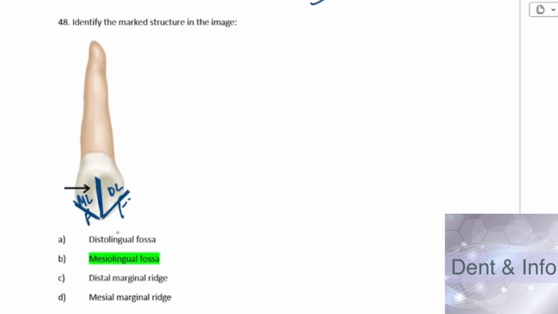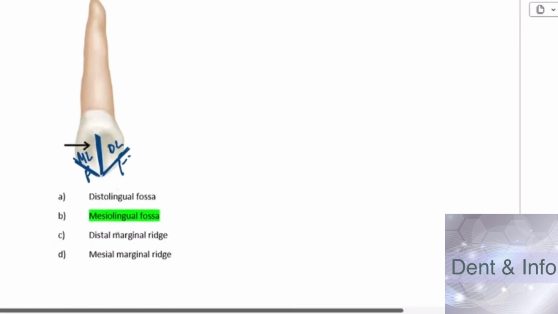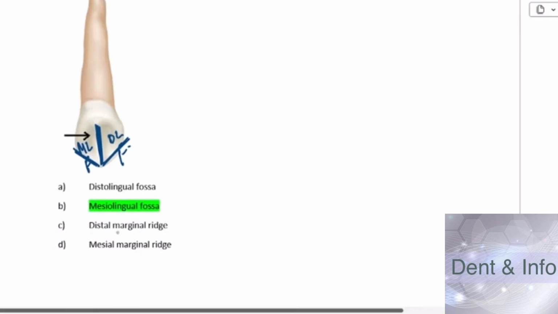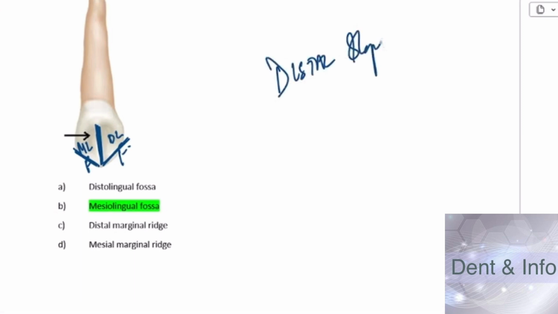Though it is very close in this picture, in maxillary canine the distal slope is longer than the mesial slope. So the lingual ridge is dividing the lingual fossa into two parts: mesiolingual fossa and distolingual fossa.